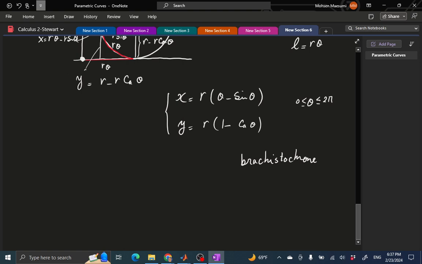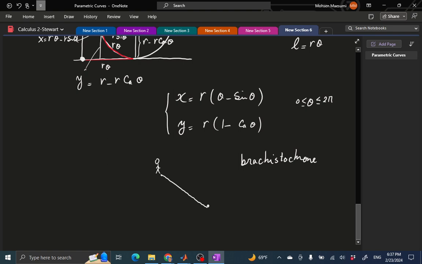It was a very famous question proposed as a challenge by a mathematician by the name of John Bernoulli. And the question he had was the following: suppose I want to design a slide, just like the slide you have in the park. So here's a kid at the top of the slide, and he wants to go down here. From here he wants to go down here.